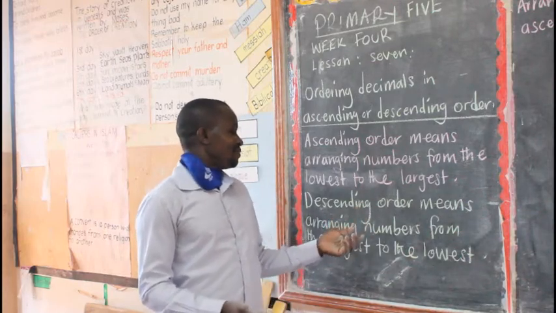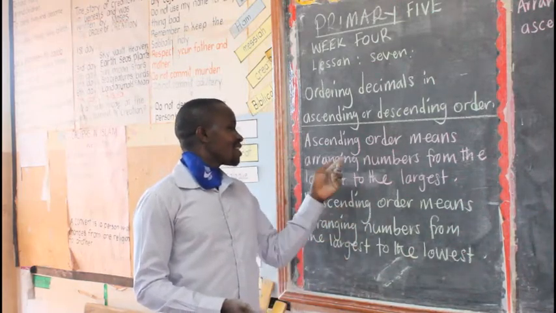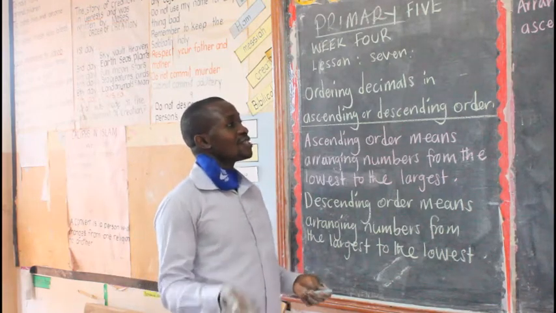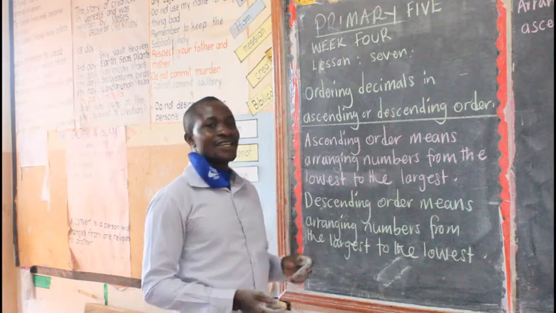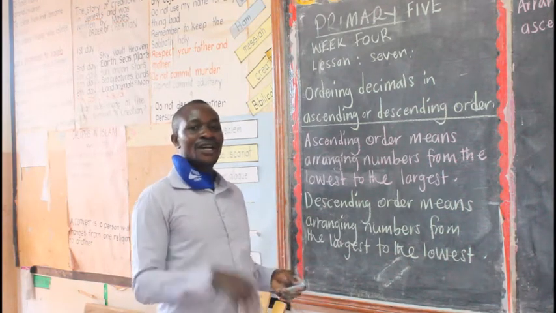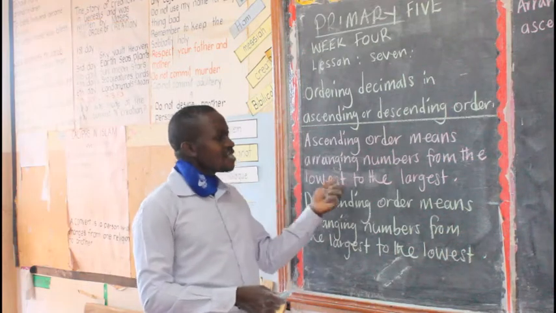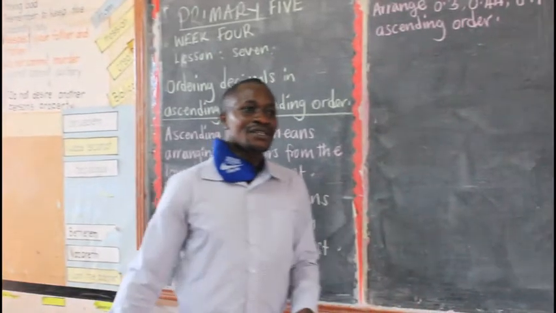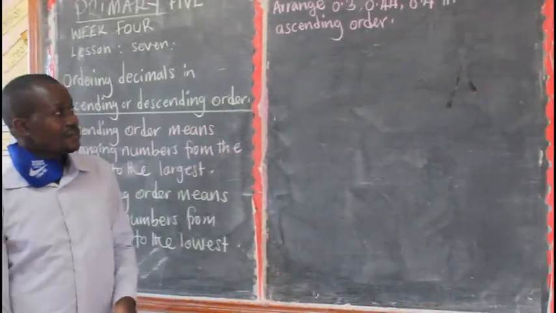So you can see now ascending and descending, one is the opposite of the other. When I say ascending, the opposite is descending. When I say descending, the opposite is ascending. But when they say ascending, you begin arranging numbers right away from the lowest to the highest.